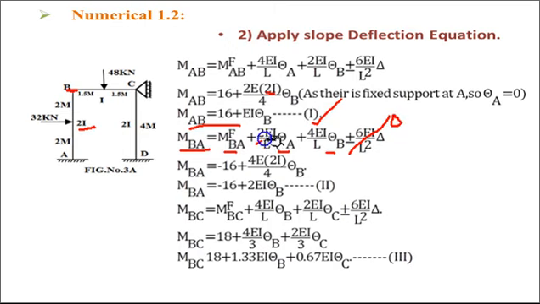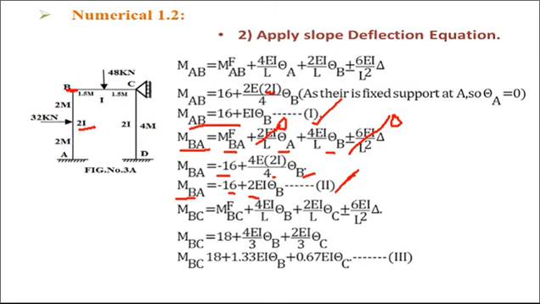A is a fixed end, so theta A will be 0. Only the fixed end moment and theta B will be present. Now putting the values, MBA is equal to minus 16 plus 4E into 2I divided by 4 into theta B. Simplifying, MBA is equal to minus 16 plus 2EI theta B. So this is equation number 2.